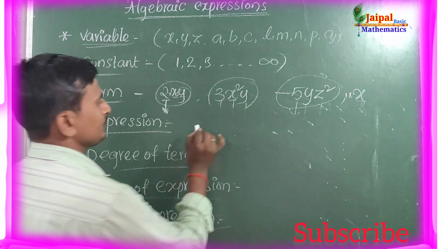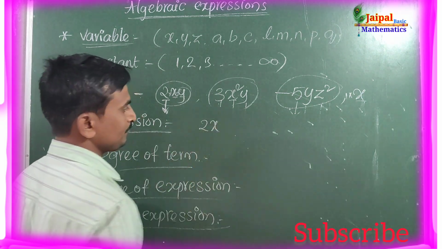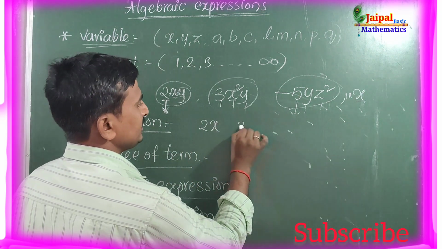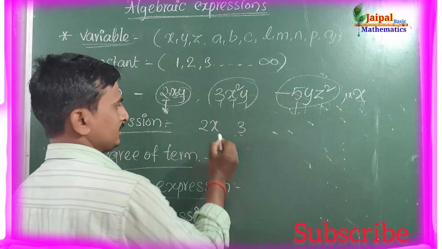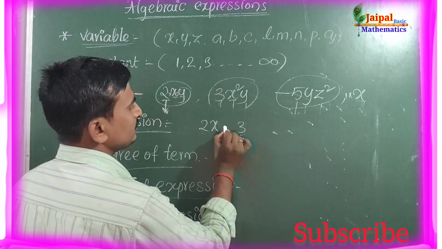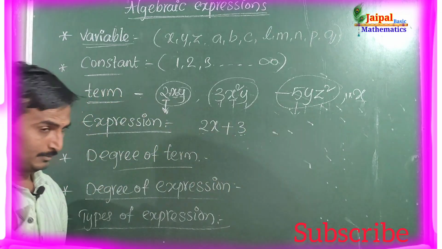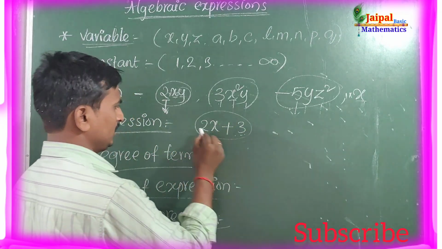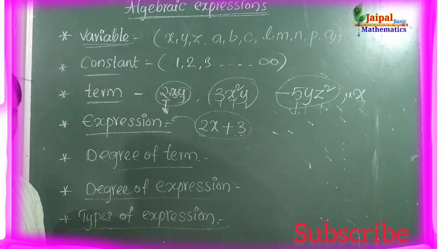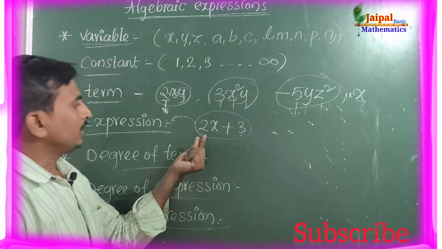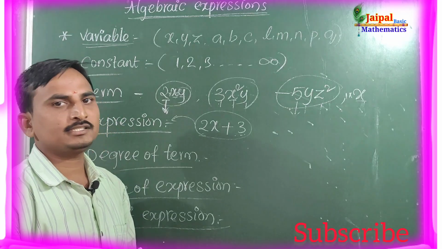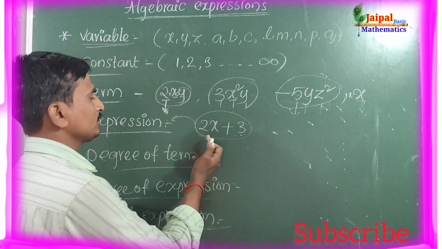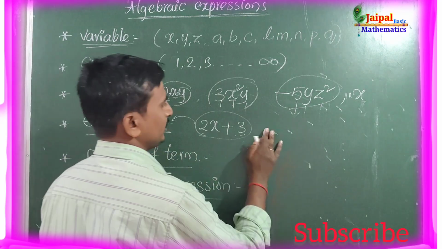For example, 2x is one term and 3 is one term, because 3 is a constant term. Between them we use a plus or minus symbol. Overall this is called an expression. An expression is one or more terms expressed with a plus or minus symbol.